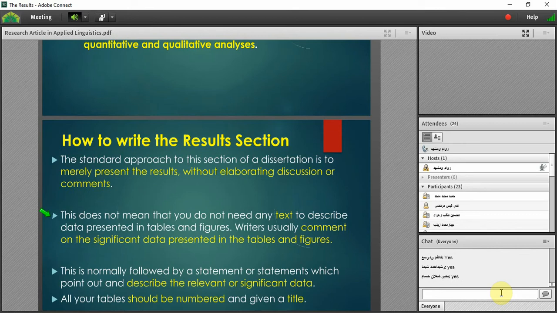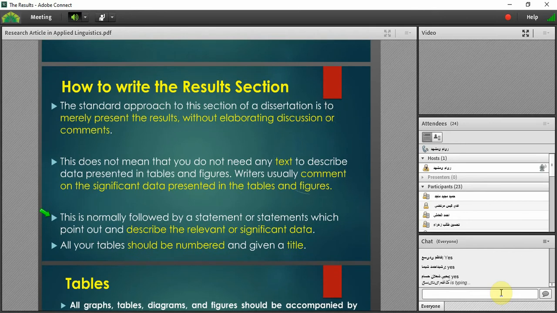When you have tables and figures, there's no need in the results section to tell the readers about the justifications or discussions, but you need a few lines, about 3 to 5 lines, commenting on significant data. You need to highlight significant data, but we do not need any discussion. I will show you some examples, don't worry.